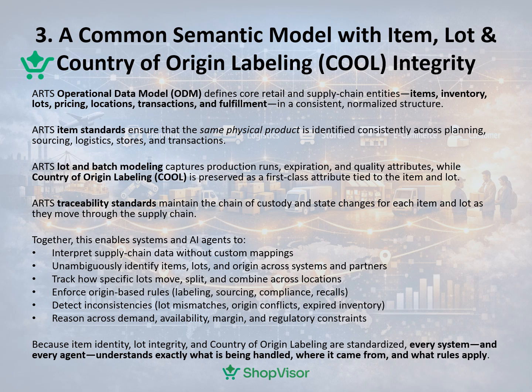It can enforce origin-based rules, labeling, sourcing, and compliance and recalls. It can detect inconsistencies, lot mismatches, origin conflicts, and expired inventory. It reasons across demand, availability, margin, and regulatory constraints.